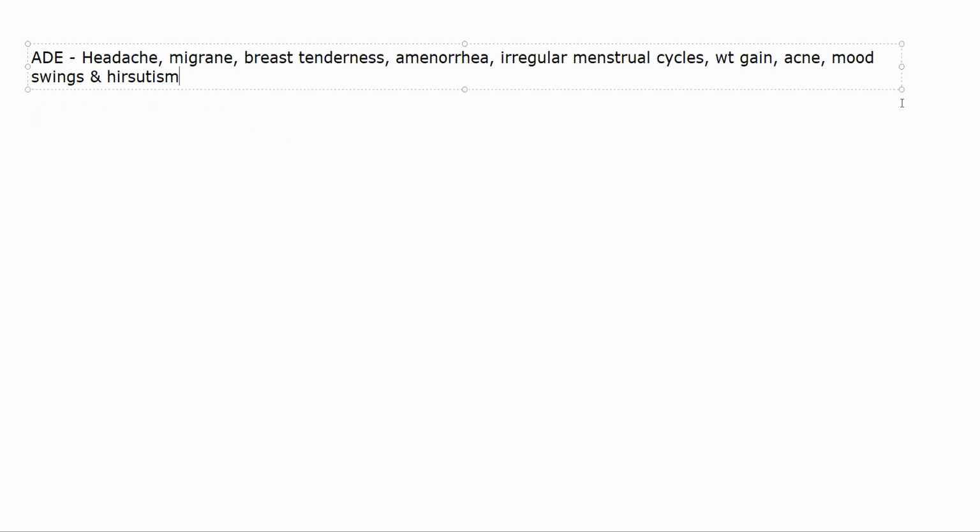It can cause weight gain, significant weight gain. It can cause acne, mood swings, and hirsutism. Hirsutism is when you have hair growth all over your body in places where hair should not grow. In those places hair will grow, and the rate and extent of hair growth will also increase.